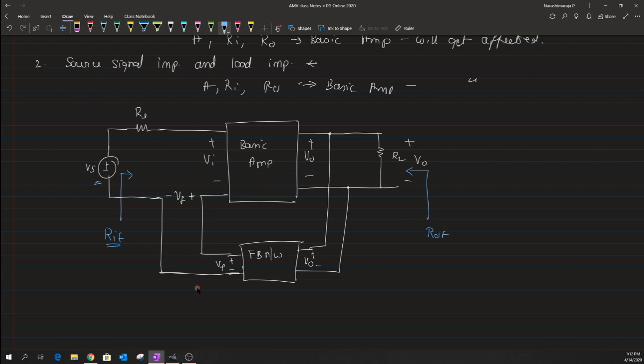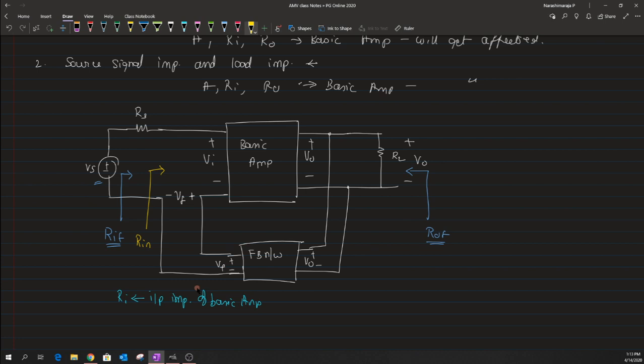Along with these definitions of the feedback input and output impedances, I am going to introduce one more quantity, which I write as Rin, which is quite different from Ri. Ri is the quantity which defines the input impedance of the basic amplifier, whereas this Rin is different from this Ri, so please ensure that.